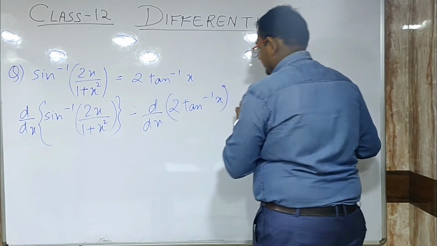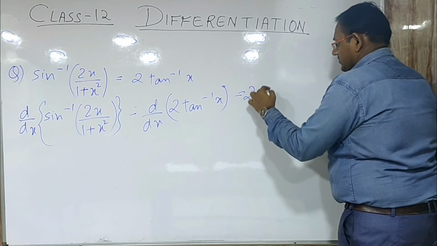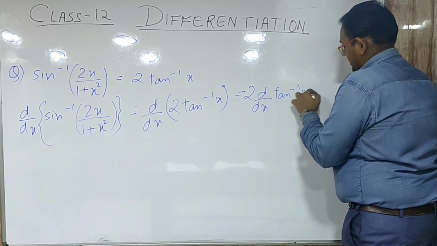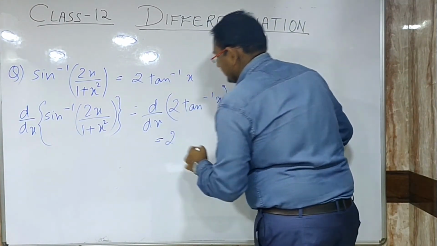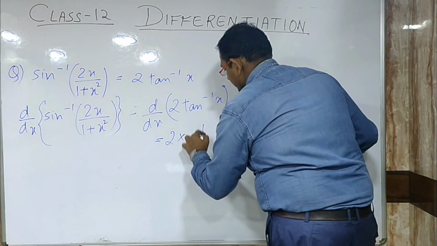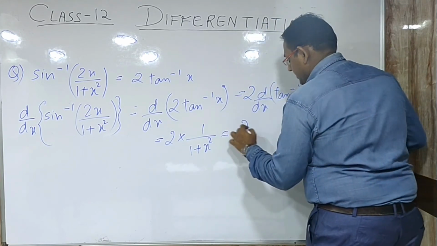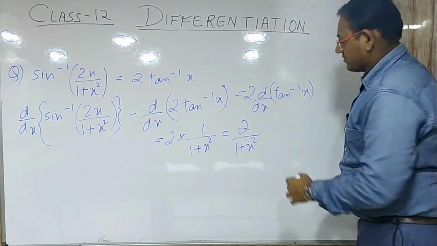Now 2 is a constant, it will go outside the differentiation, so we get d/dx of tan inverse x. In previous lectures, we have already discussed that the differentiation of tan inverse x is 1 by 1 plus x square. So the value that we get is 2 by 1 plus x square.